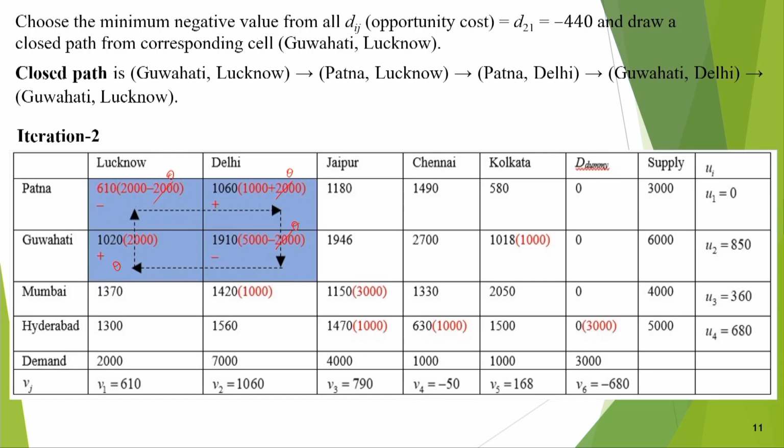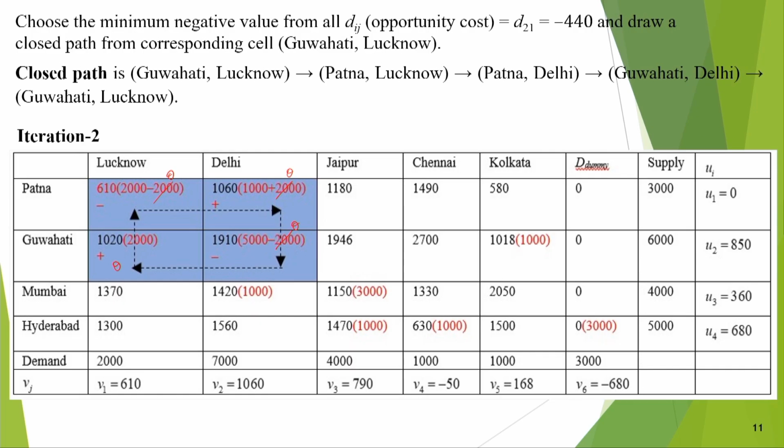So, I could see that in the negative cells, the least allocation was to the Lucknow Patna cell. So, there 2000 minus theta. So, that means maximum I can give theta is equal to 2000. So, that means I can allocate 2000 here in Guwahati, Lucknow, and in Patna the value will become 0, then Delhi will be added 2000, 3000, and then again here it will be minus.